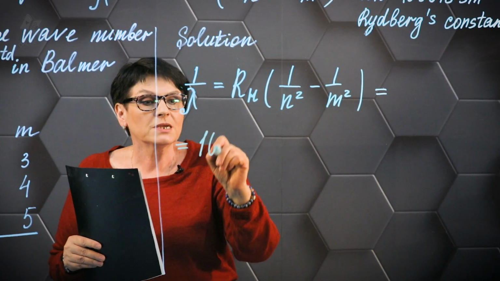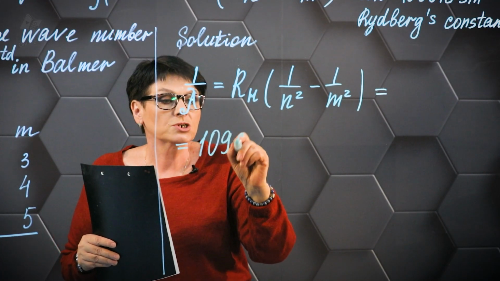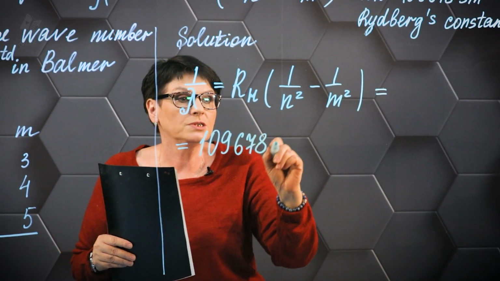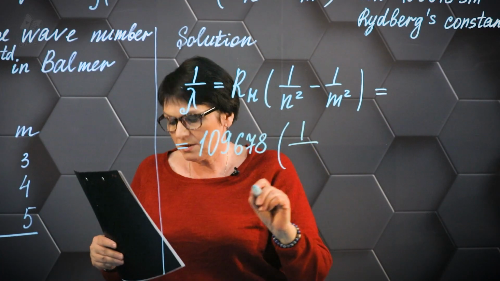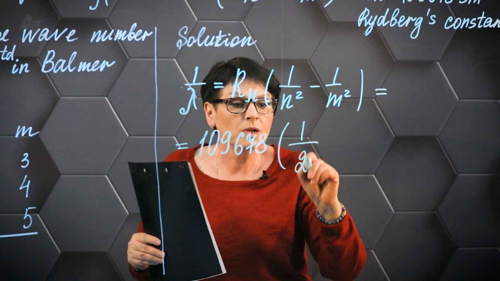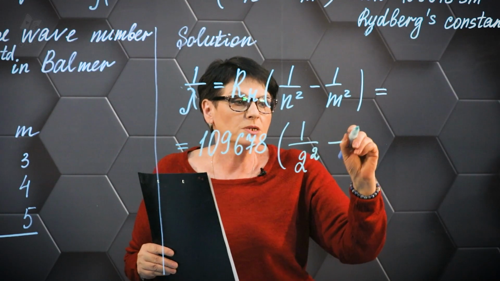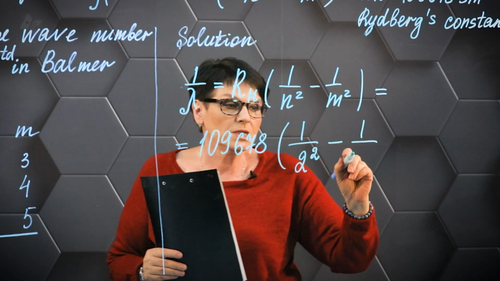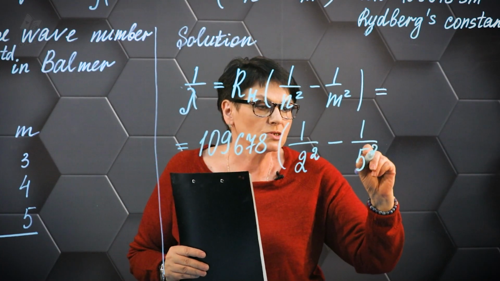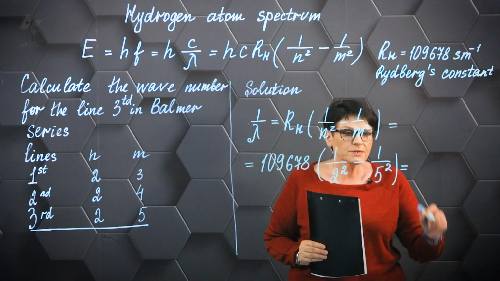The constant we will be using is 109,678. Inside the parentheses, we will substitute accordingly. In this particular case, we have the value for n as 2, so we will square it and subtract 1. Additionally, we'll substitute m with the value 5, which will also be squared.